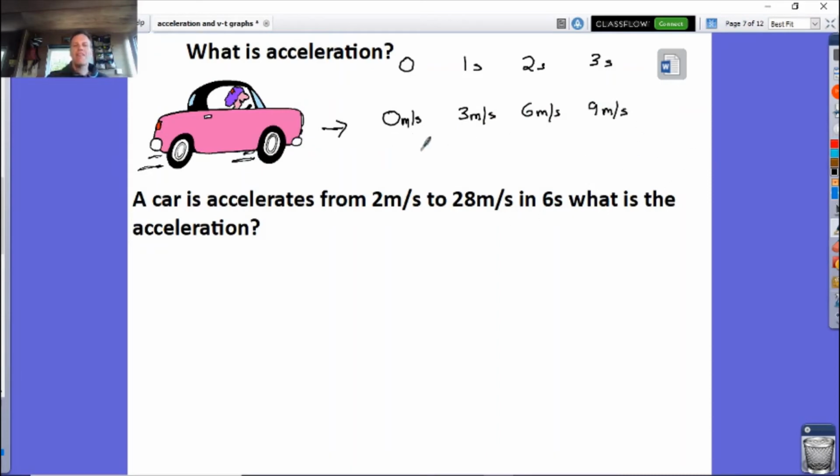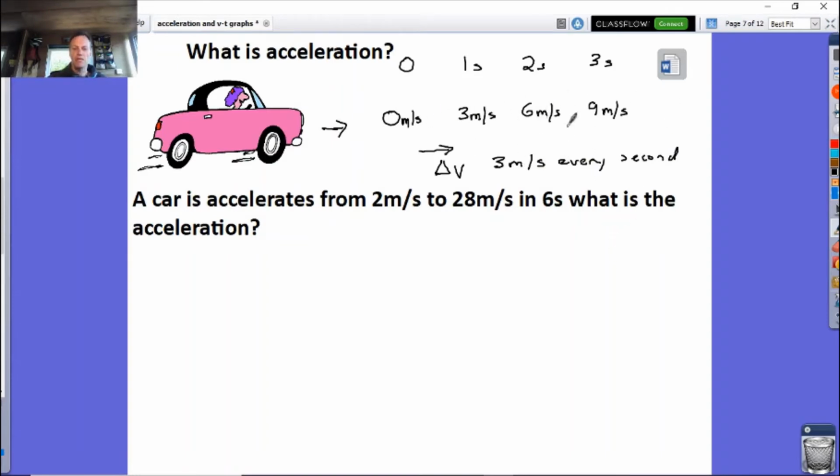What I mean by that is she's obviously accelerating because she's getting faster. Isn't her speed changing? We say this is delta V, a change in speed, which is going to be 3 meters per second, and that's every second. Does that make sense? It goes up in steps of 3.